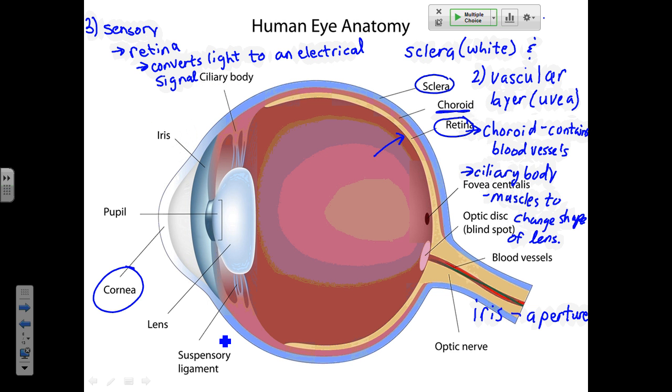The retina contains rods and cones. Rods are for low light black and white situations.